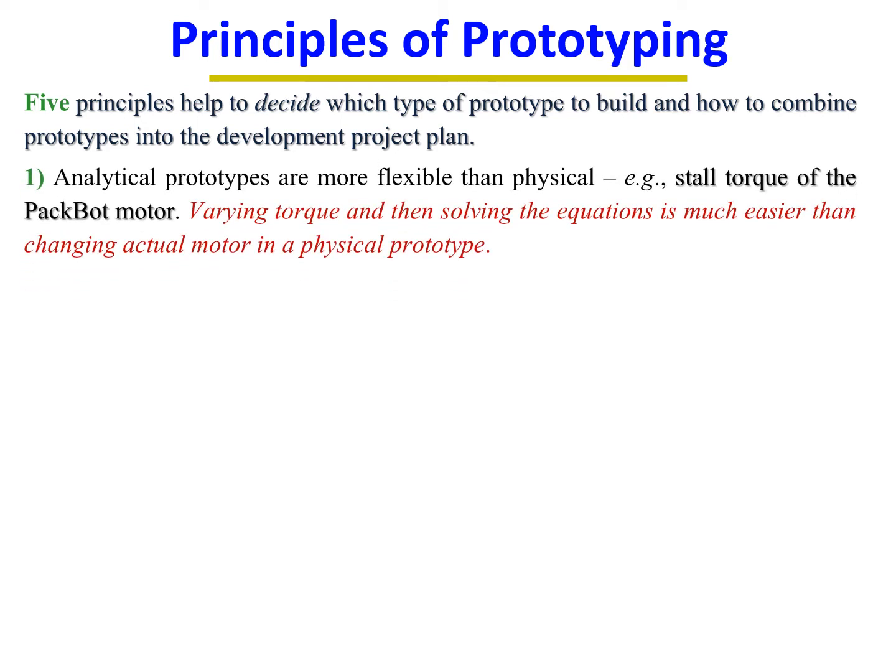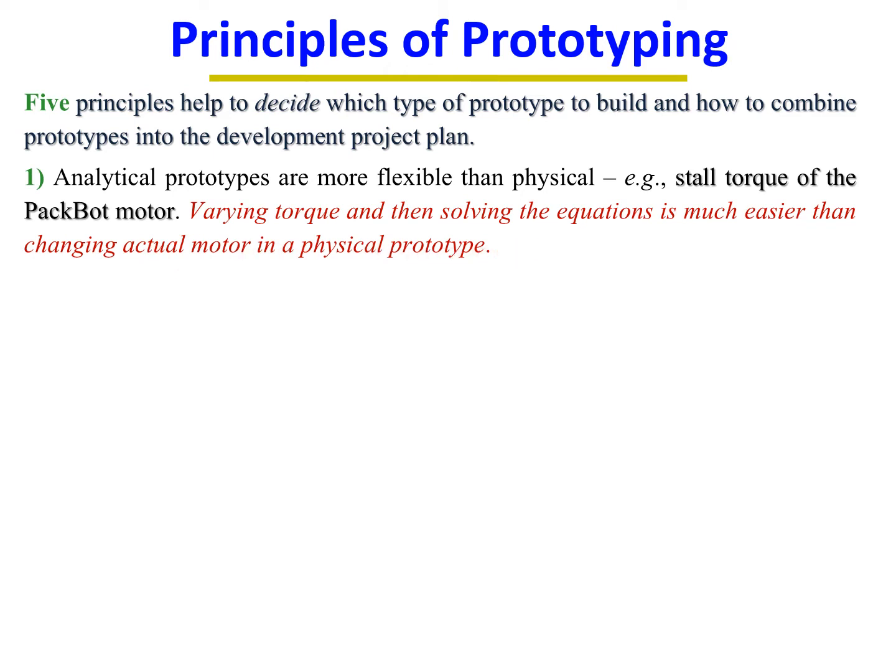Principle 1. Analytical prototypes are more flexible than physical. For example, the stall torque of the PACbot motor. Torque and stalling torque. It's a very mathematical type of idea, right? Varying torque and then solving the equations is much easier than changing the actual motor in a physical prototype.